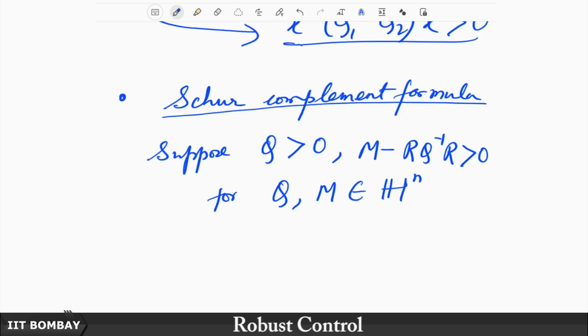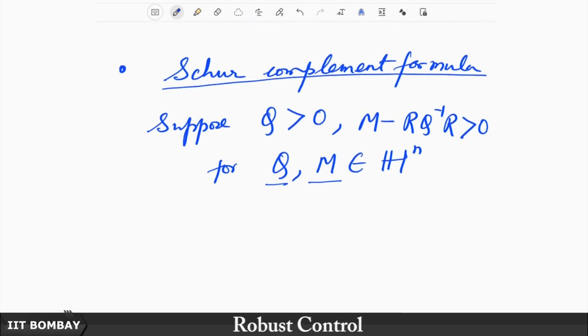Remember this, we are only imposing this restriction of being Hermitian on Q and M.